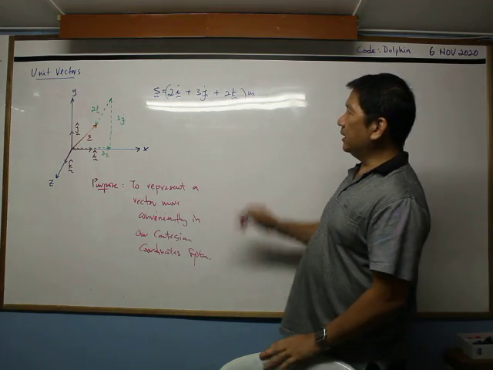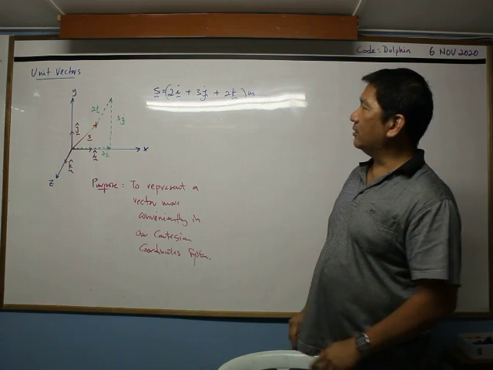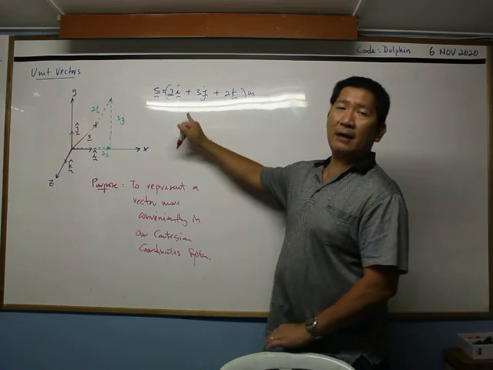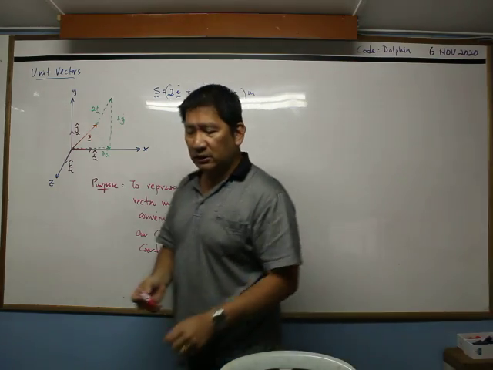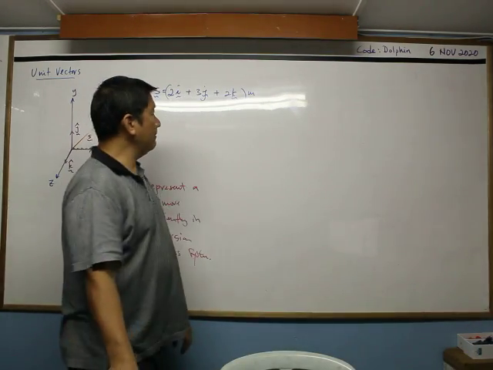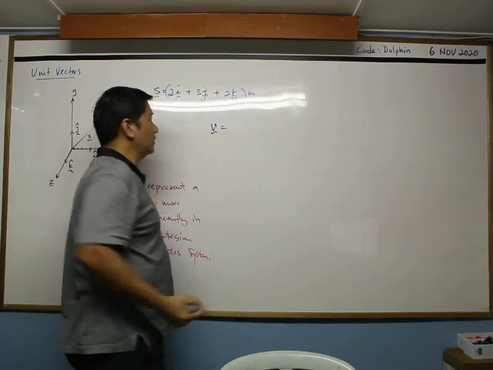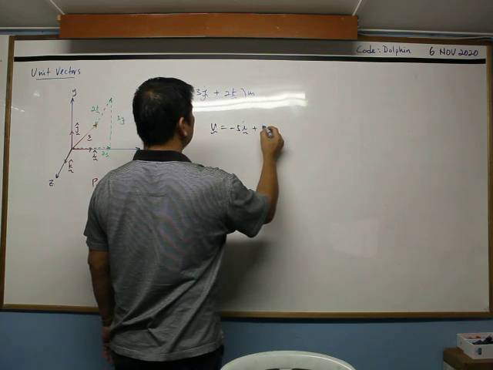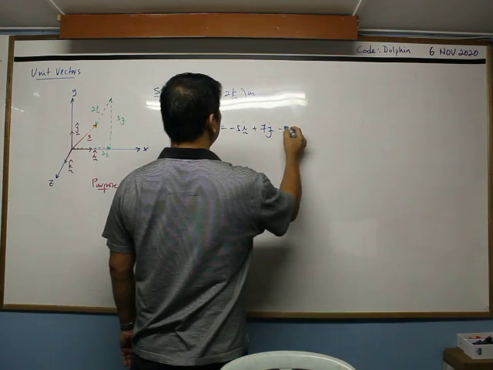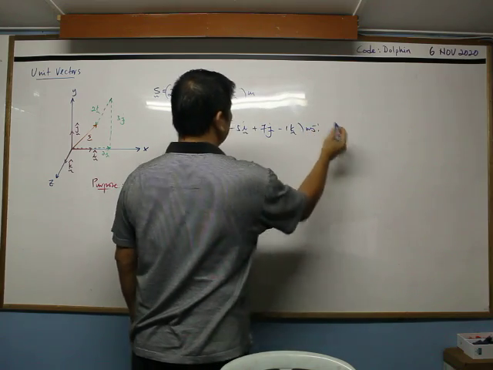All right. So at the moment we just use IJK, but in your case you're going to use most of the time I and J only for 2-dimensional. Okay, so there is a unit vector. Another example of unit vector can be something like velocity, unit vector velocity. It can be like negative 5i plus 7j and then minus 1k in meter per second.